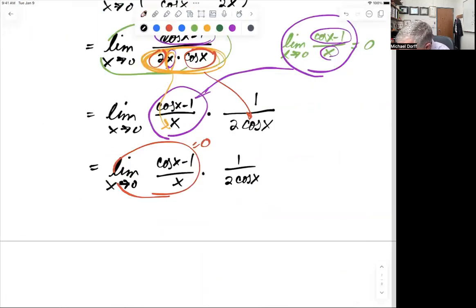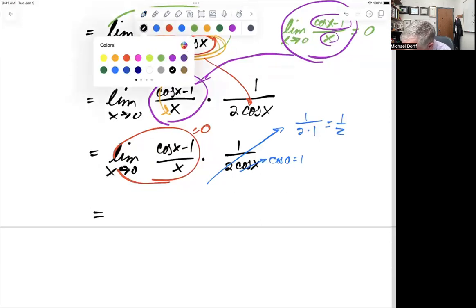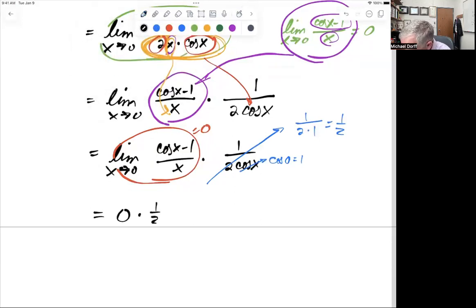What do I get for the second one? The limit as x goes to 0, if I do direct substitution, is going to be the cosine of 0, which is 1. So I'm going to get 1 over 2 times 1, or 1/2 here. And so in essence, I got 0 times 1/2, which is 0, and that's my answer.